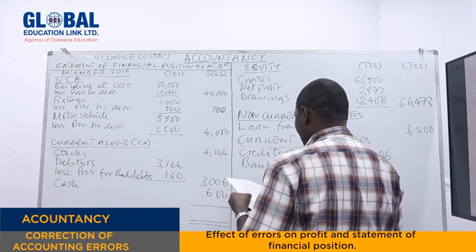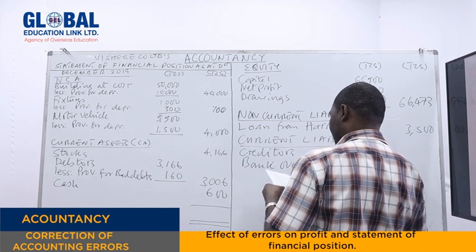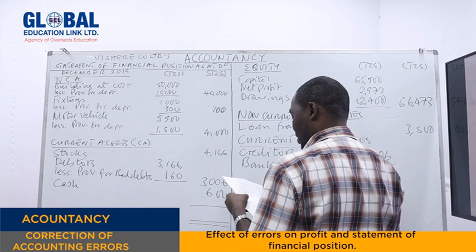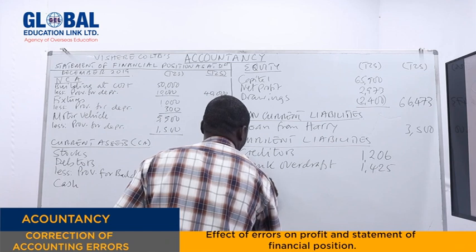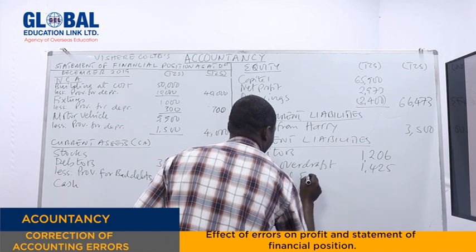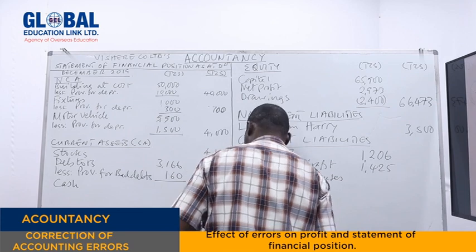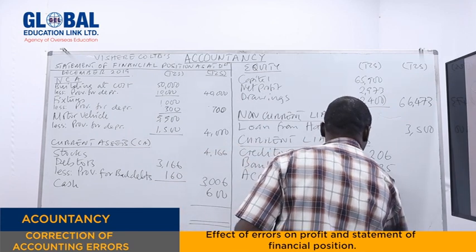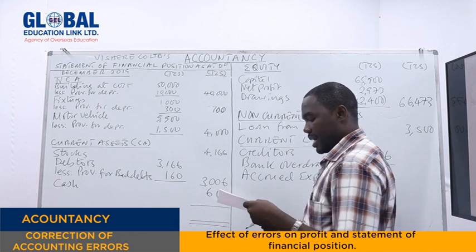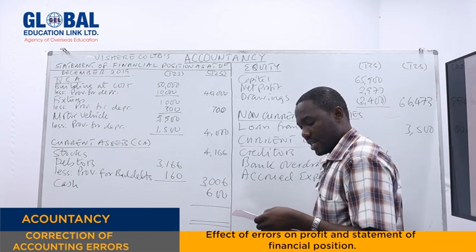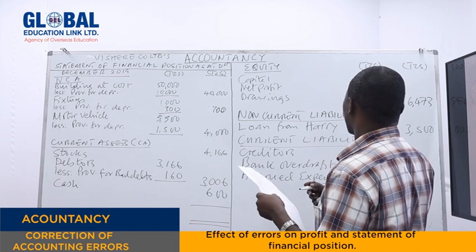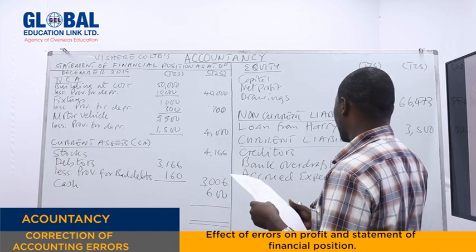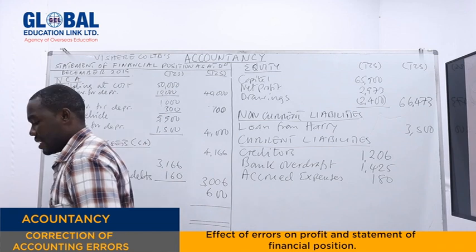The bank overdraft was 1,425. Then we have accrued expenses. Accrued expenses was 180. Then the item left, I think we have exhausted them. Yes, the net profit. Well, we have exhausted them.